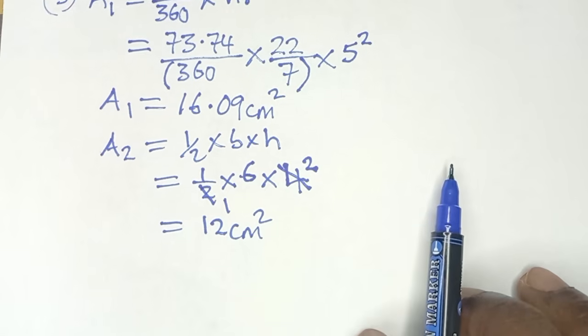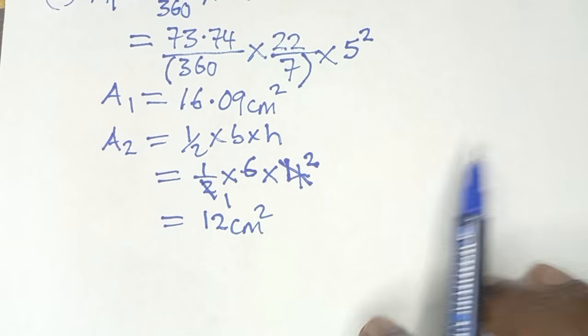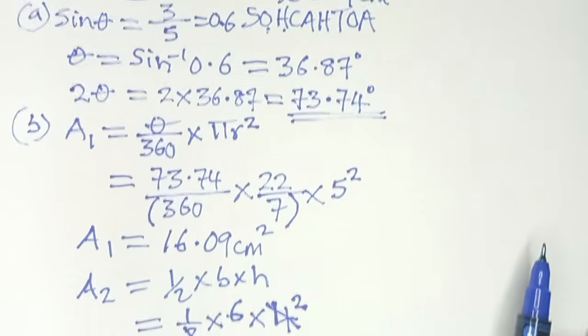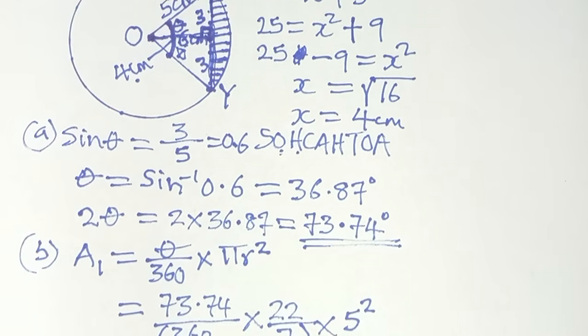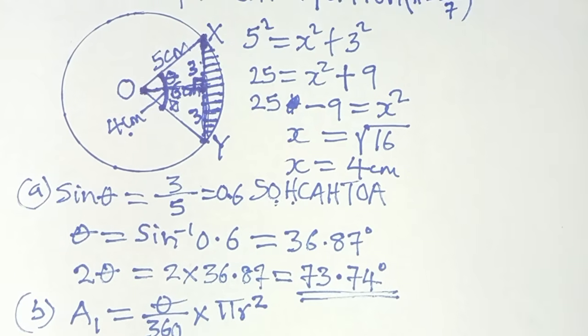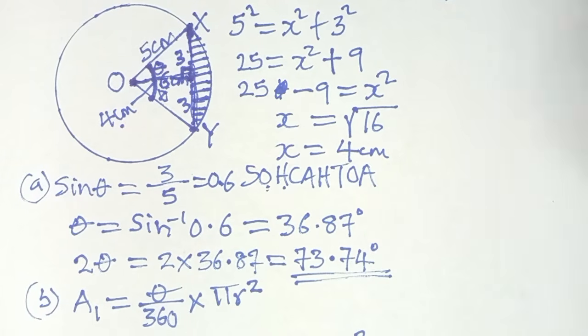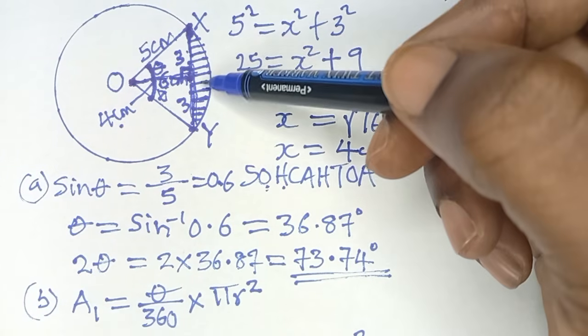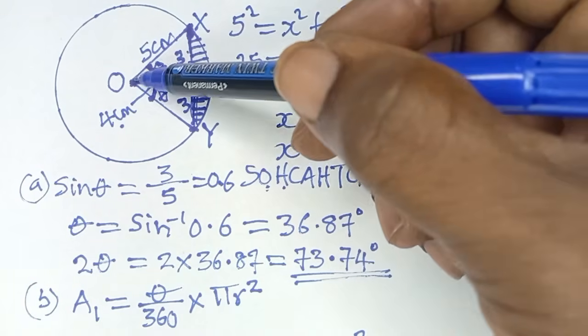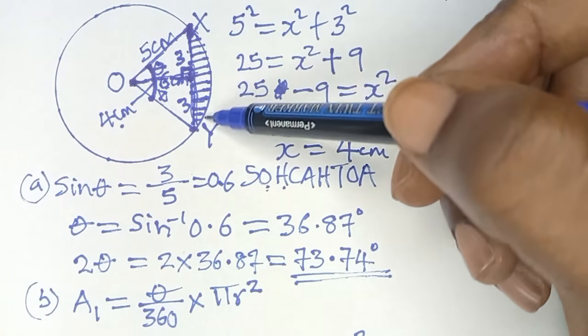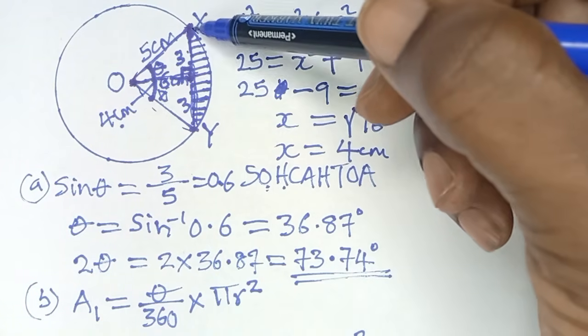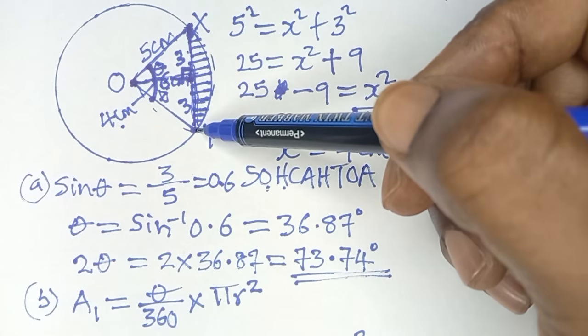Then finally, we have to find the area of the shaded portion. Let me show you with that explanation now so that you can get it fully. Since we are looking for the area of the shaded portion, look at the shaded portion here. We have the area of this full sector as 16.09.